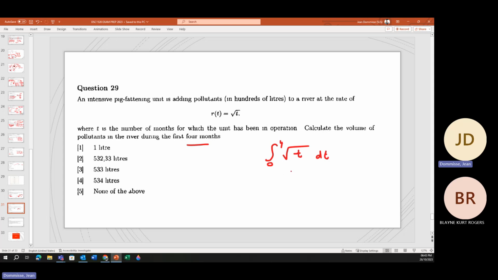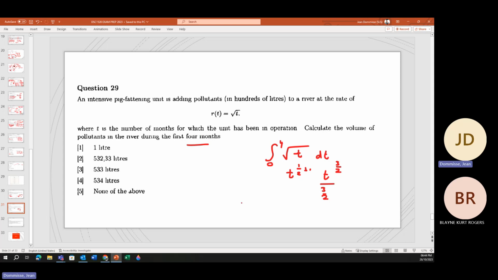So let's just do that first. It would have been that plus 1, so t to the 3 over 2, divided by 3 over 2. Is that right? Sure. It feels weird.